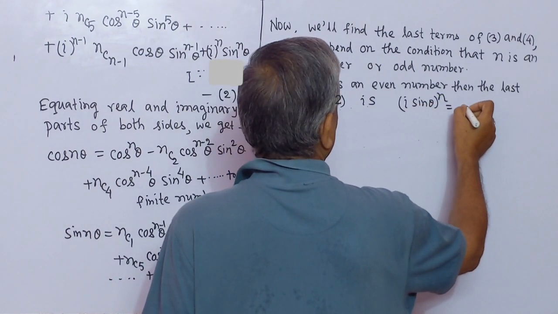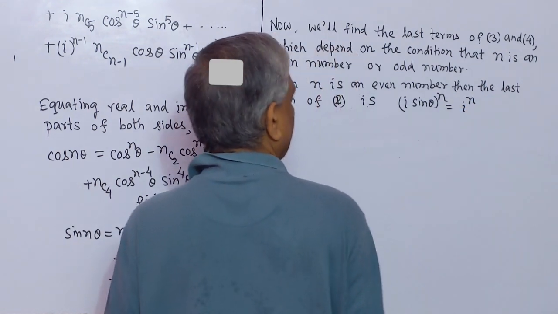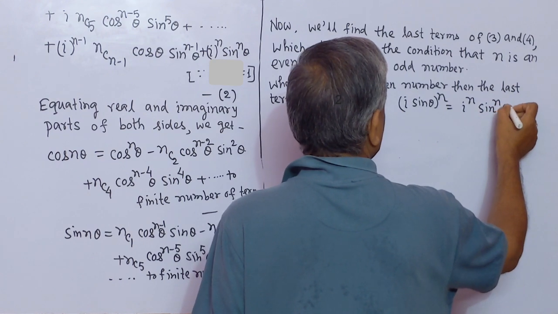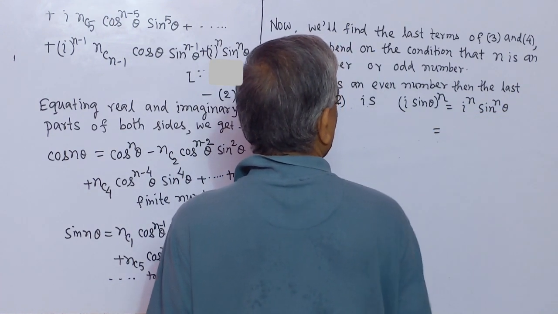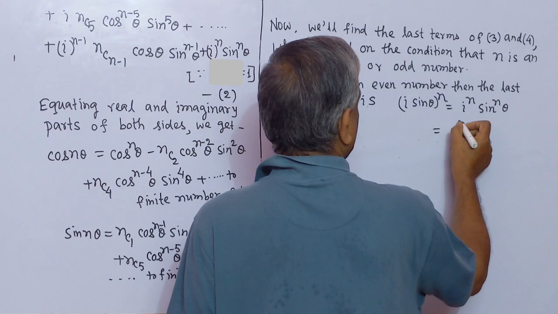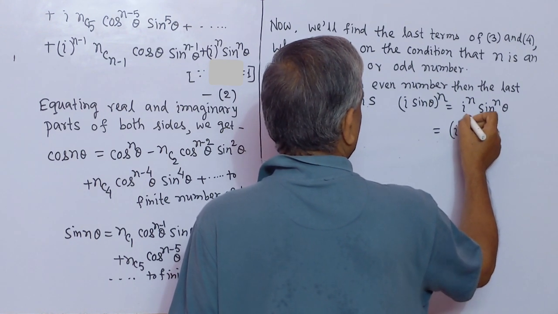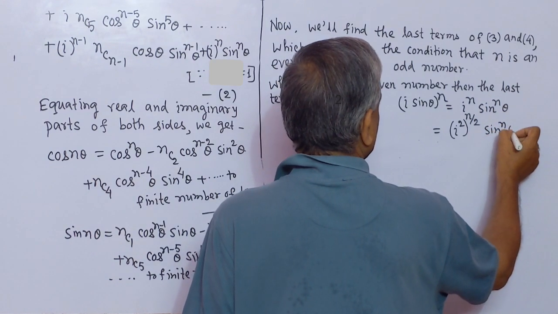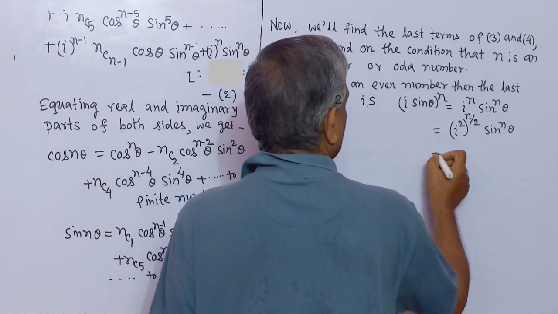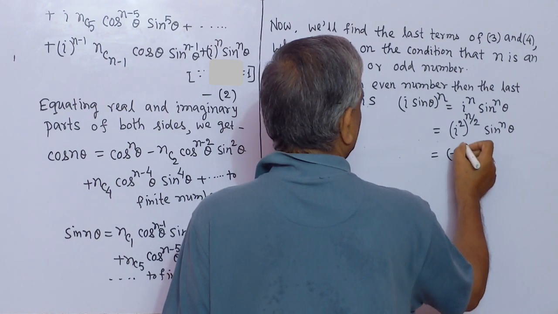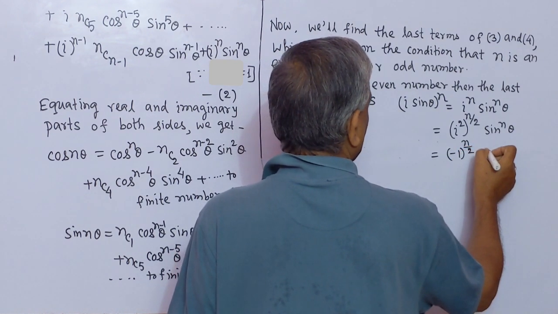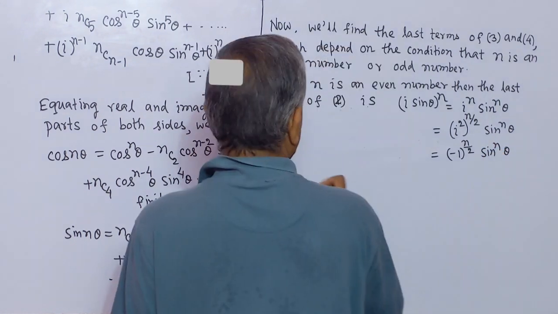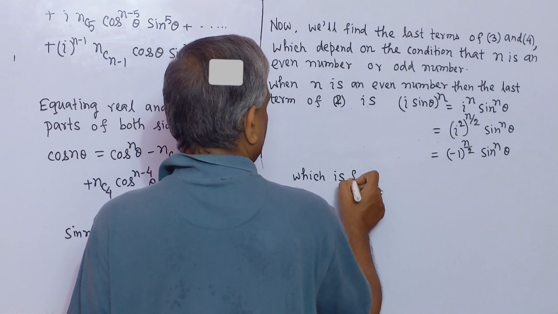This is equal to i to the power n sin to the power n theta. N is even, then we may write this as (i square) to the power n by 2 sin to the power n theta. I square is minus 1, so minus 1 to the power n by 2 sin to the power n theta, which is free from i.